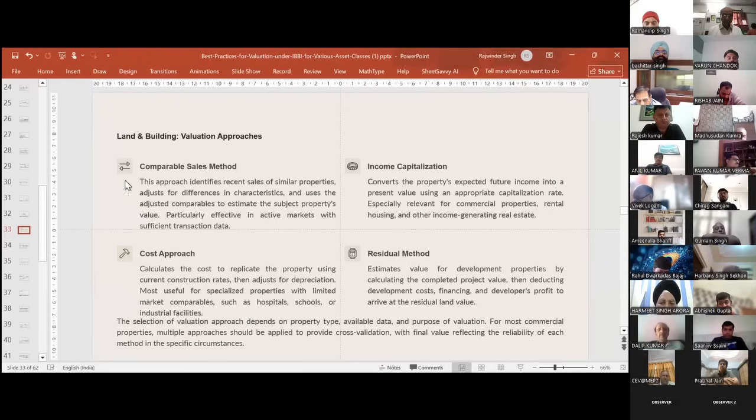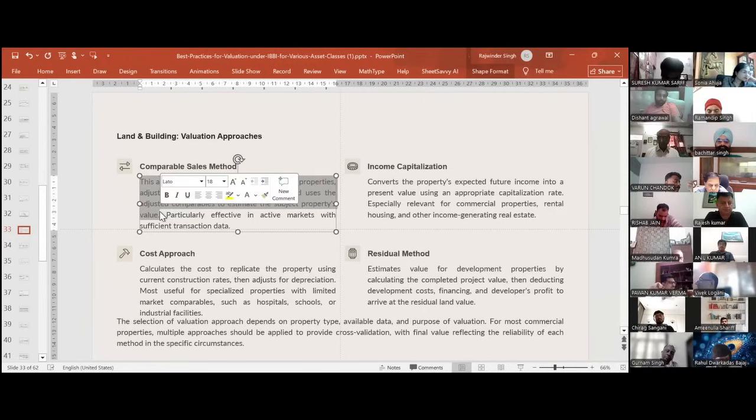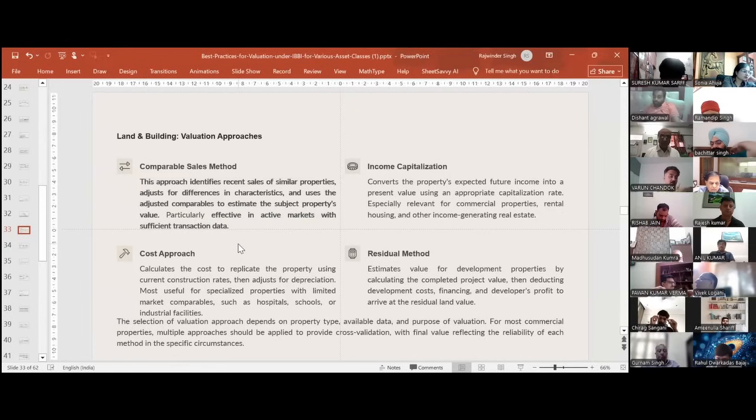So the first thing is that you must know the basics of this approach, and the second thing is where you can use it: it is particularly effective in active markets where sufficient transaction data is available.